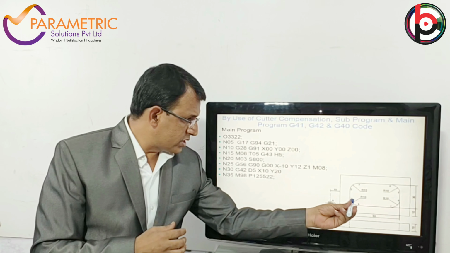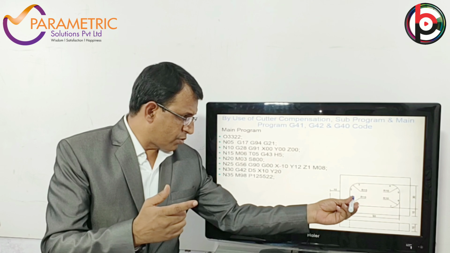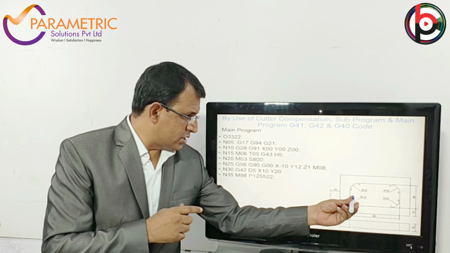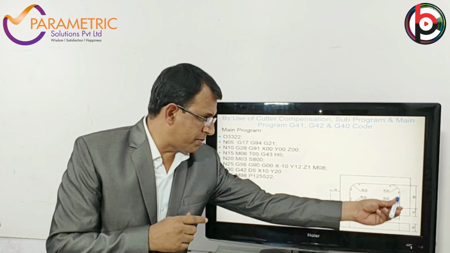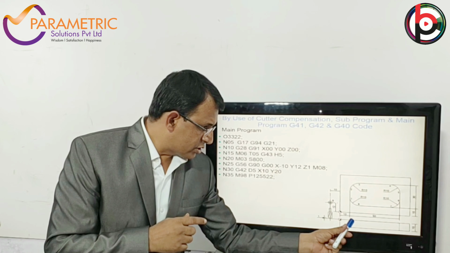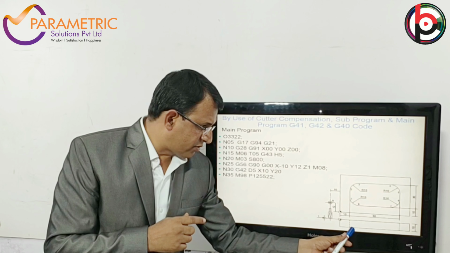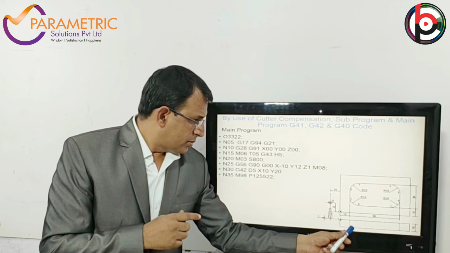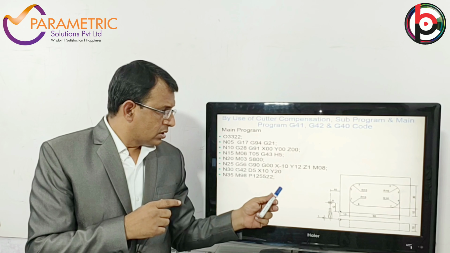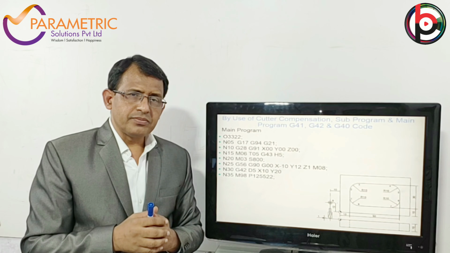So this 12 times, the first program which I have maintained on the last page will move this way, 1 mm thickness, again 2 mm thickness, like that, until it reaches the 10 mm depth of cut, so that it removes the material inside. That is about the subprogram.